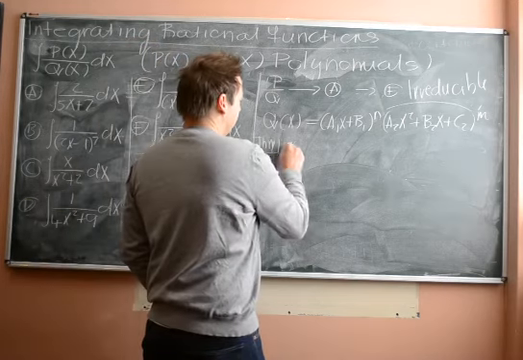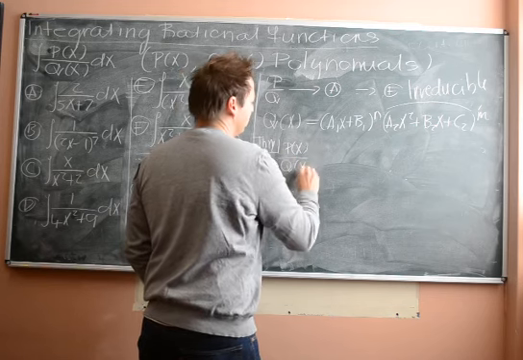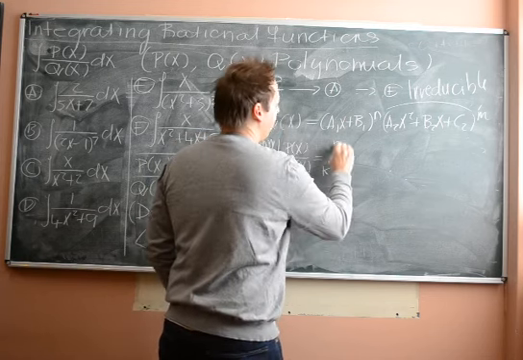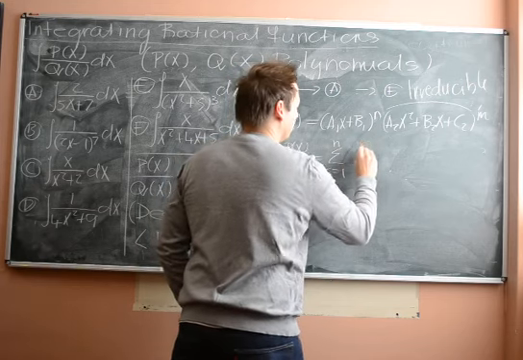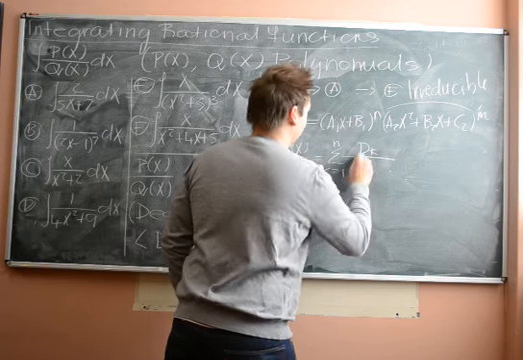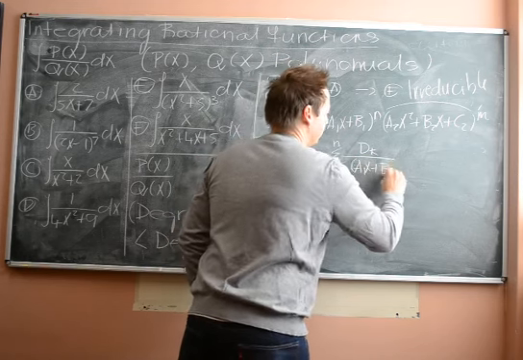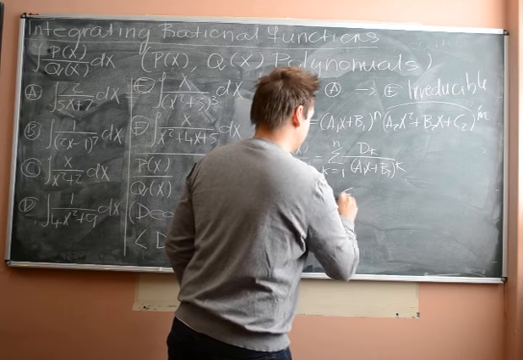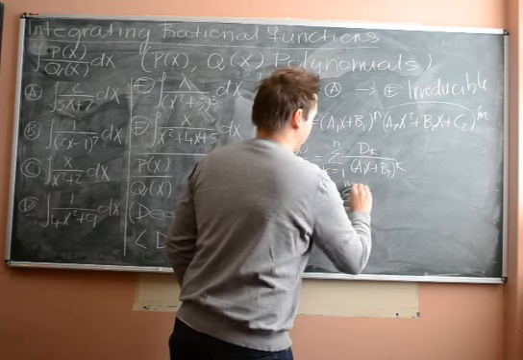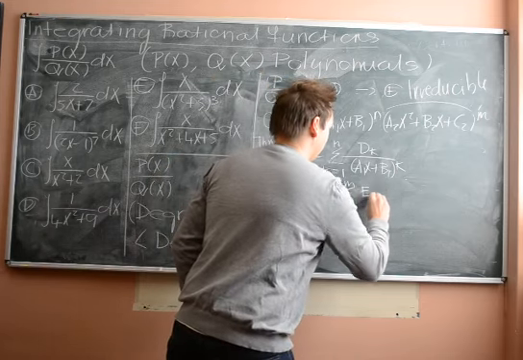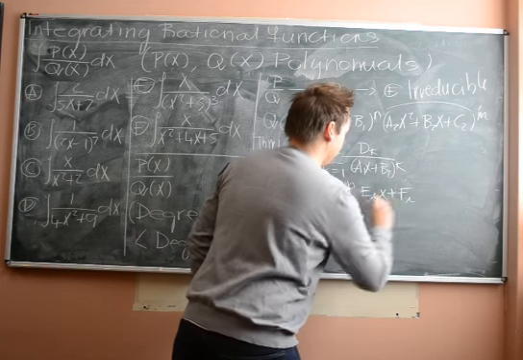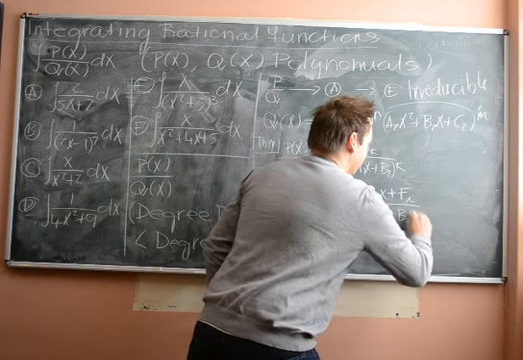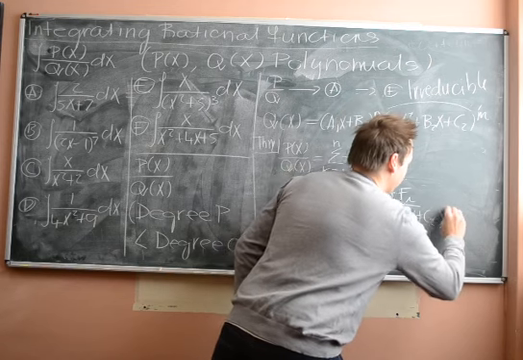It says that we can write p of x over q of x as a sum, let's say k from 1 to n, of d_k over (a1x plus b1) to the k, plus the sum, say l from 1 to m, of (e_l x plus f_l) over (a2x squared plus b2x plus c2) to the power l.